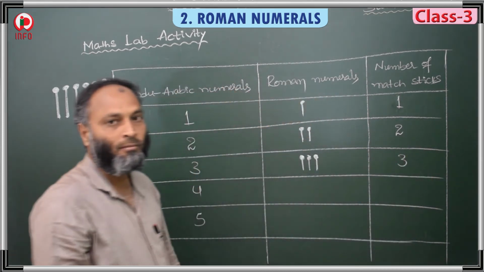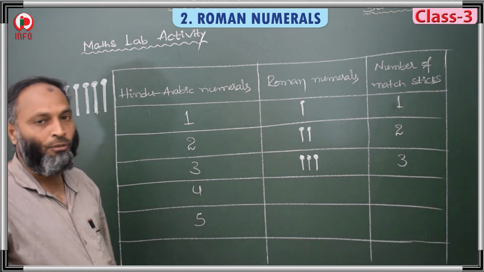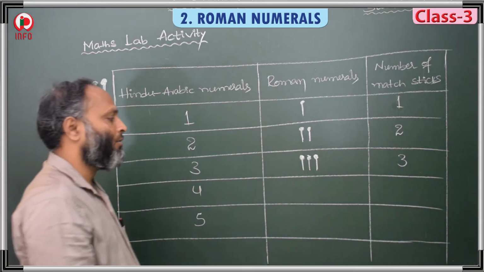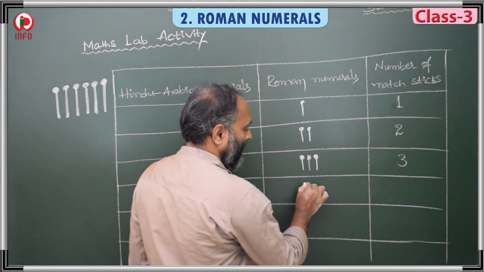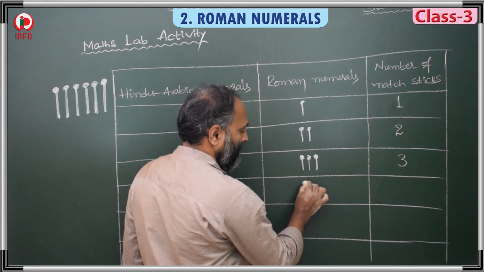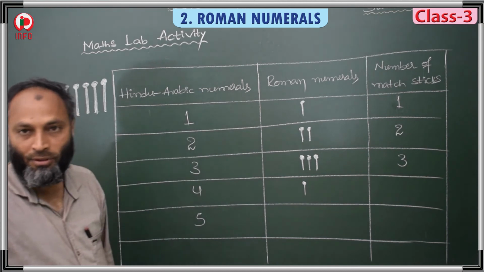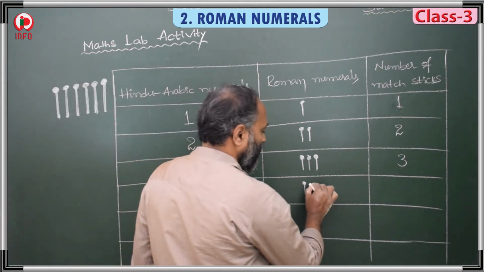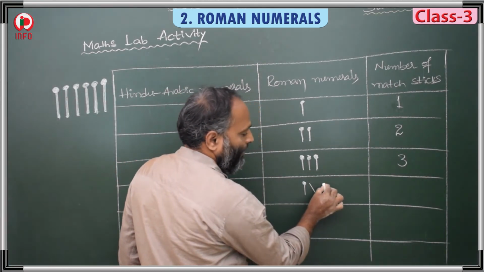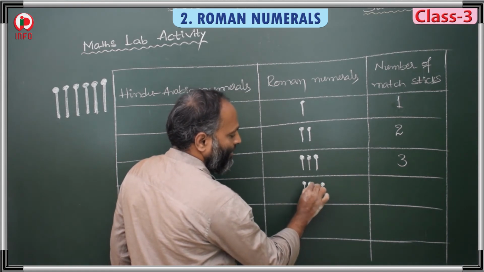And after that 4. The representation of 4 we already discussed. That is like this, I and V. I will come first and then V like this. One matchstick like this, another matchstick like this.